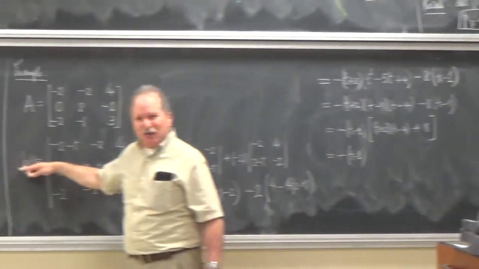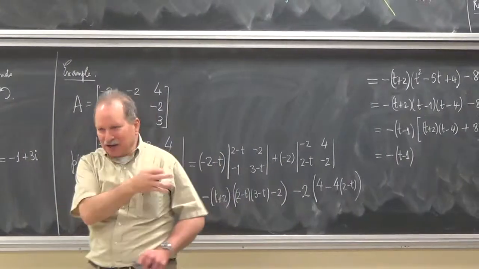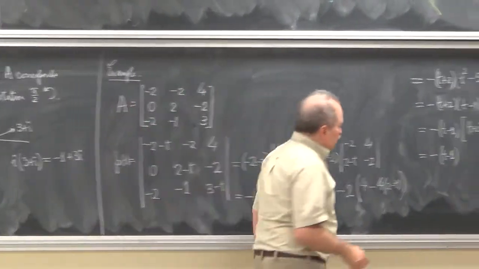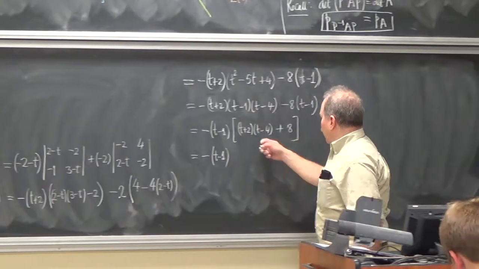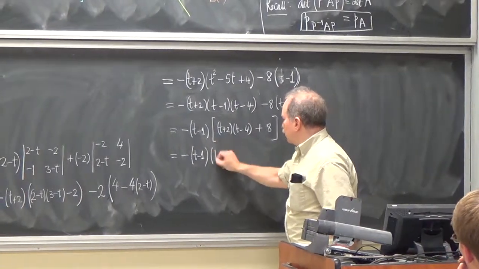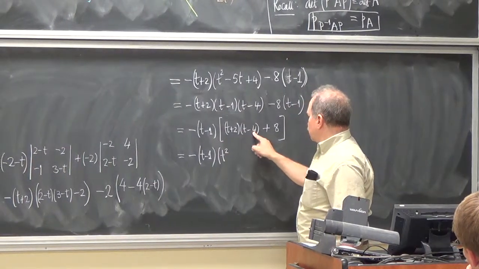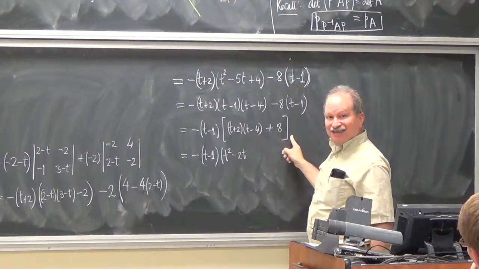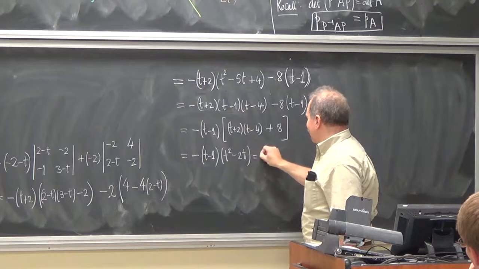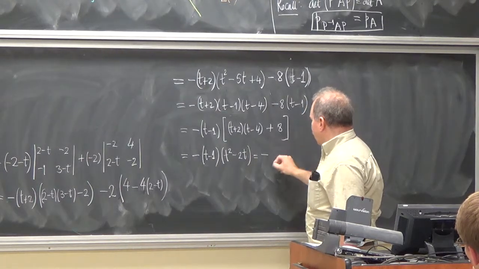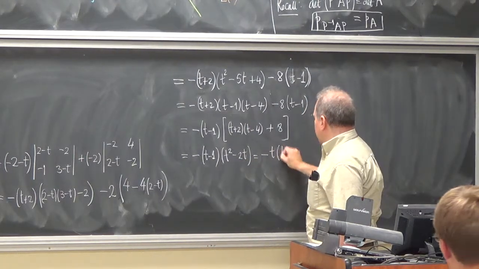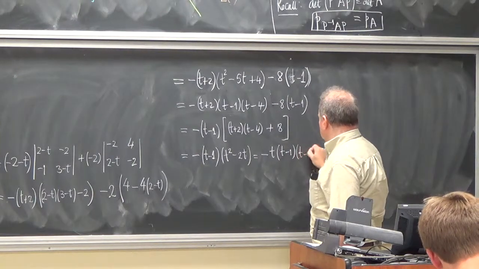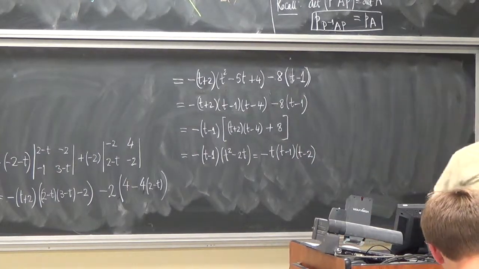So the characteristic polynomial will have the negative in it, even though we've factored it out. But, all right, what do I have here? t squared minus 2t. That's it, minus 8 plus 8. So what have I got? Minus t factors out t minus 1, t minus 2. Look at that.